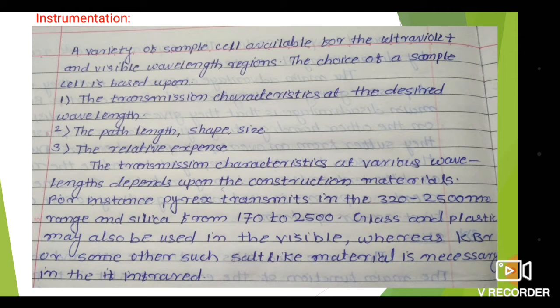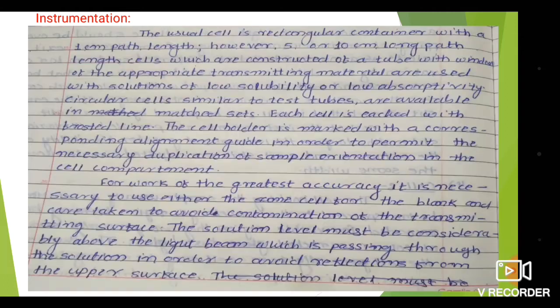For instance, Pyrex glass transmits in the region of 320 nanometer to 2500 nanometer, and silica from 170 to 2500 nanometer. Glass and plastic may also be used in the visible, whereas KBr or some other such salt-like material is necessary in the infrared.